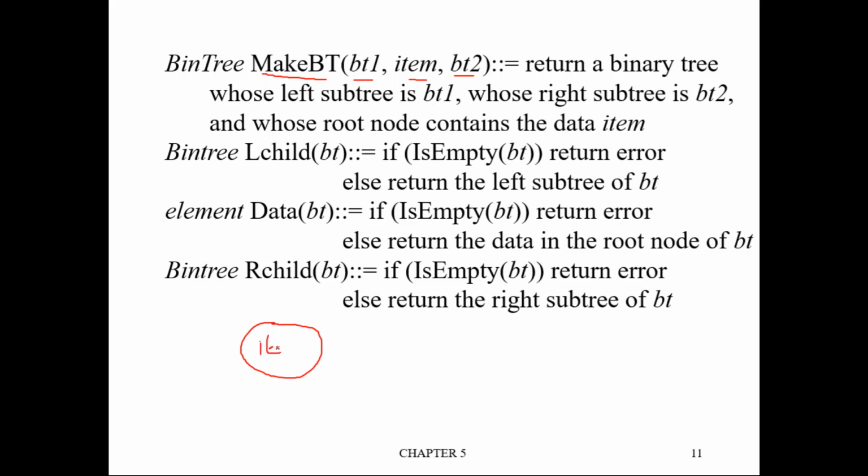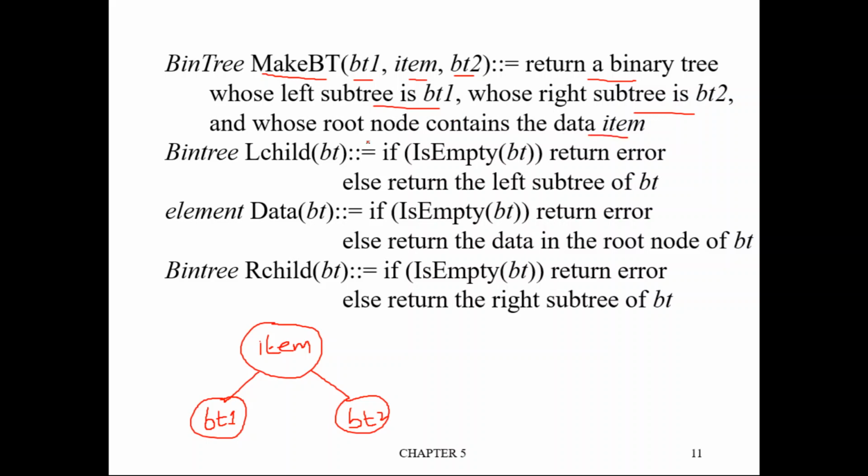Its left subtree will be BT1, and the right subtree will be BT2. So it will create a tree like that and return it: a binary tree whose left subtree is BT1, right subtree is BT2, and root node contains the data item.